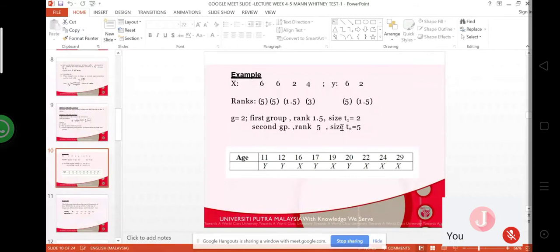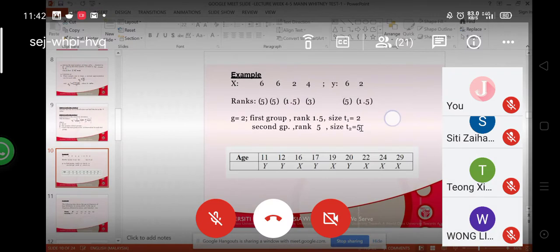And how about the second group? Observation 6, the size is t2. Does it appear 5 times? Answer me, is it 5 times? No. Good, because you noticed this. I wrote 5 on purpose so that you get alert and say, hey, this is not 5.